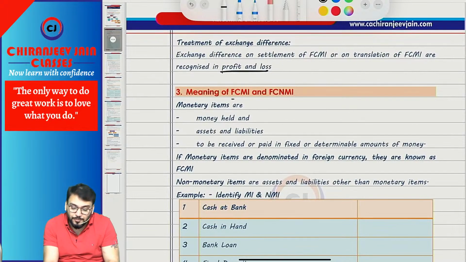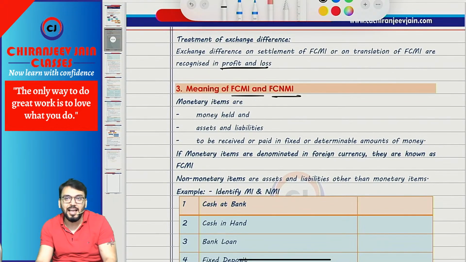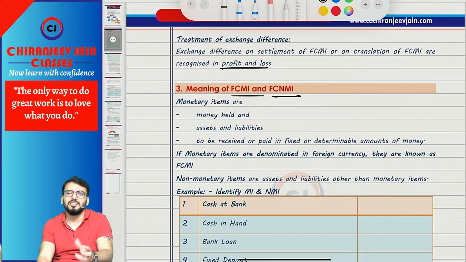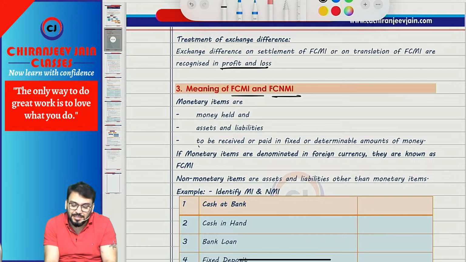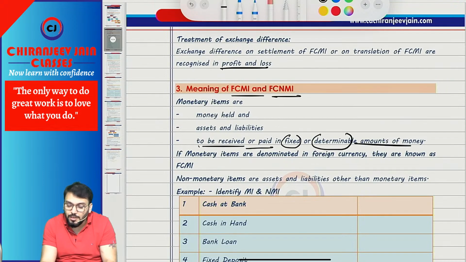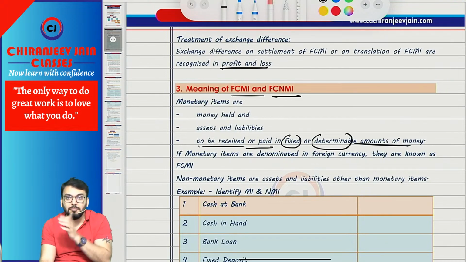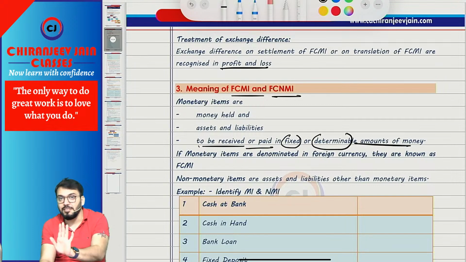Now what is the meaning of FCMI or FCNMI? Monetary items are money held assets and liabilities. Money held means which are in the money form; in simple words, which are realizable or payable in cash, to be received or paid in a fixed or determinable amount of money. Money means cash, means currency.